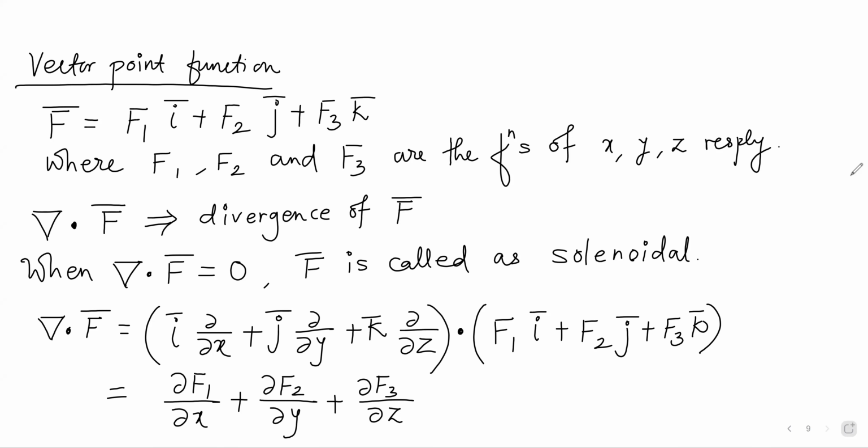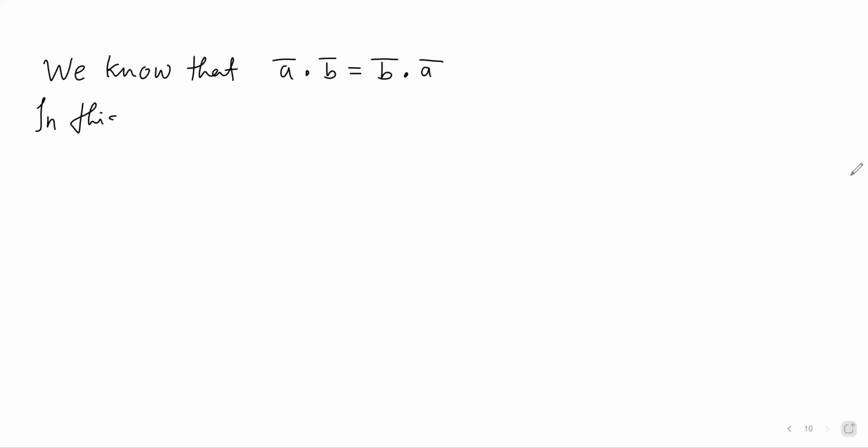Now we know that dot product is always commutative, correct? We know that a bar dot b bar is the same as b bar dot a bar. So in this case, whether del dot f bar is the same as f bar dot del, that I have to check.